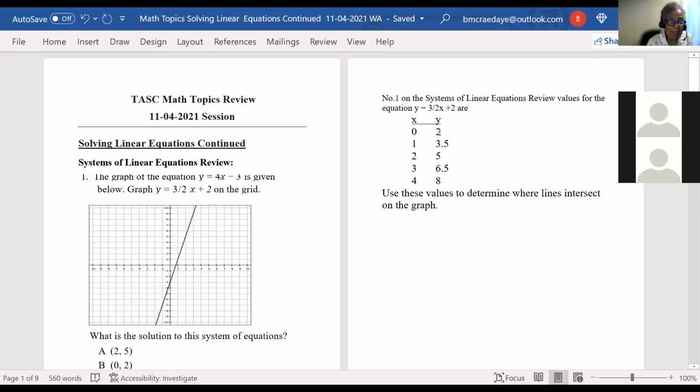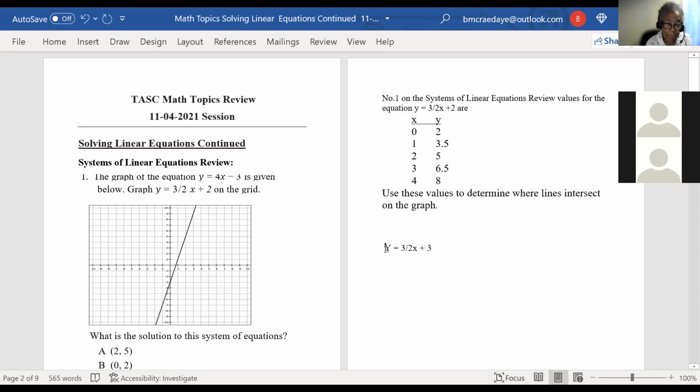So that's how we calculated y from x. Just plug in the value of x and calculate y. Let me write what I just said here: y equals 3/2 x plus 2.